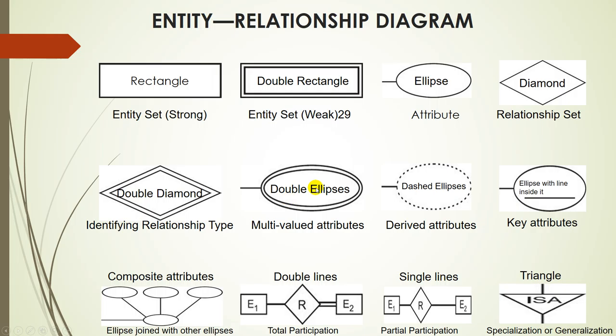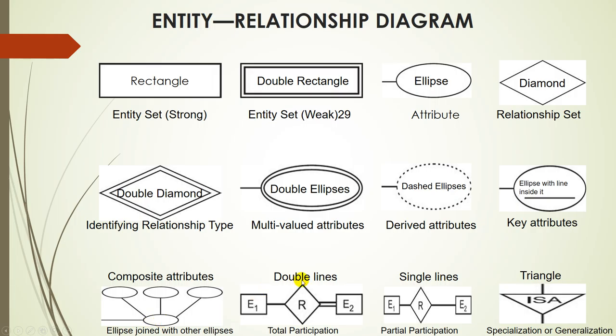A double ellipse is for a multi-value attribute, and a dashed ellipse for a calculated or derived attribute. An ellipse with a line inside we use as a key attribute or key field. For a composite attribute we use more than one ellipse connected to a single one.